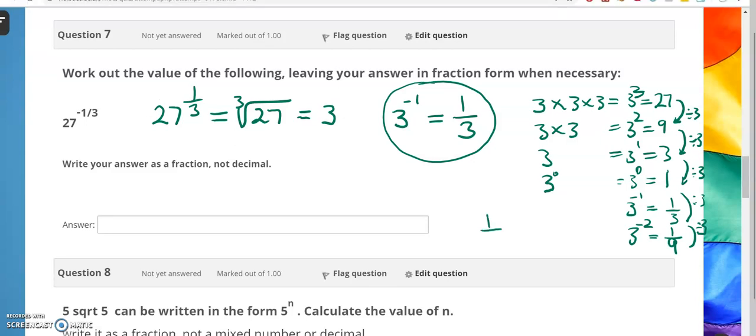Because 1/3 divided by 3, which is 3/1, is the same as 1/3 times 1/3 again, because we flip the second part. So that gives us 1/9. So as the answer for this, we'll need to put 1/3.